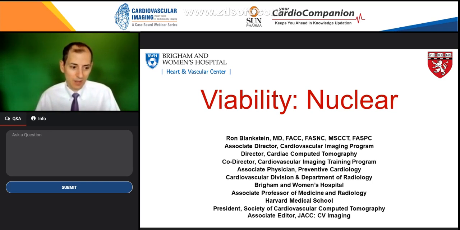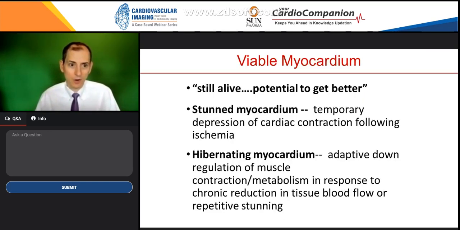But let's talk about viable myocardium. The basic definition, at least when I'm explaining this to our trainees, is a myocardium that's still alive and has the potential to get better. There's different flavors, including stunned myocardium, which means the vessel might be open, but there's depression because of repetitive ischemia. So we see this sometimes after somebody has repetitive ischemia and ultimately the function goes down.